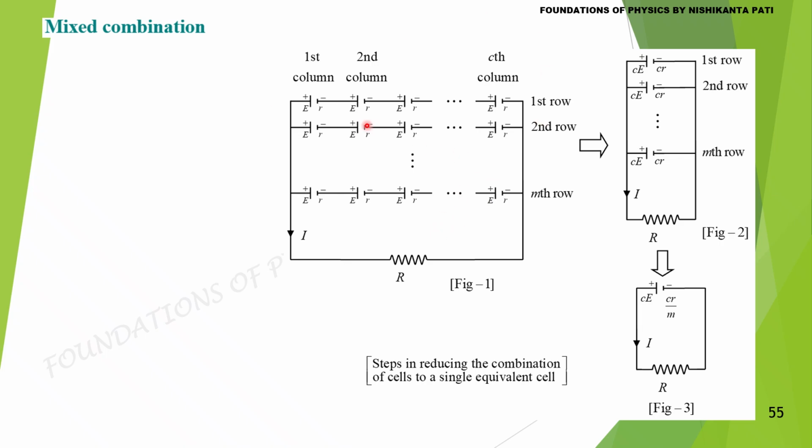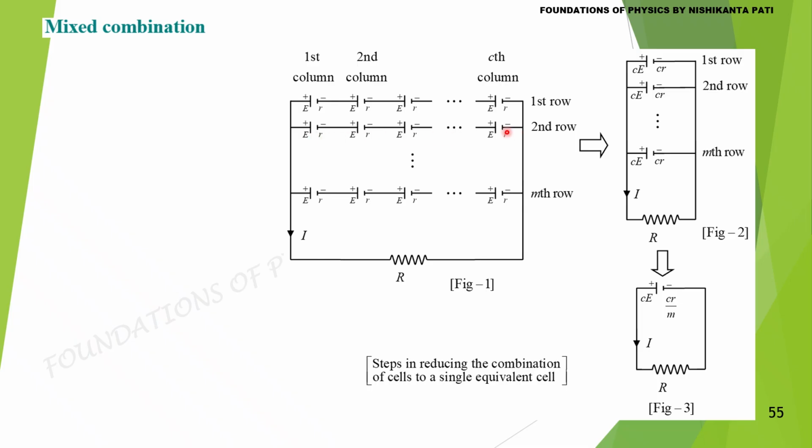Let there be n number of cells connected in C columns and M rows. All the cells are identical, each with EMF E and internal resistance r. The first row is equivalent to a single cell of EMF CE and internal resistance Cr.